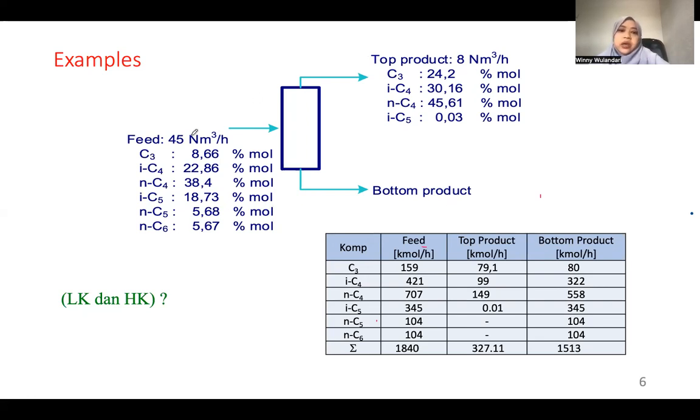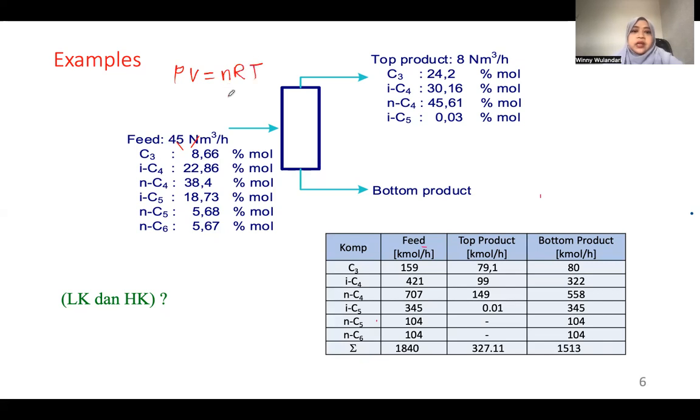what you want is that the more volatile component would appear in the distillate. For this case, you can calculate 45 multiplied with 8.66%. You have to change it first from the volume into the mole, using the ideal gas law, PV equal to nRT.